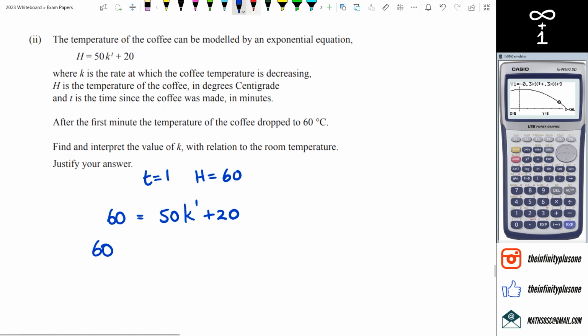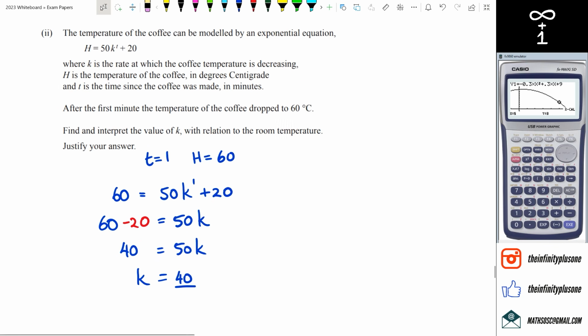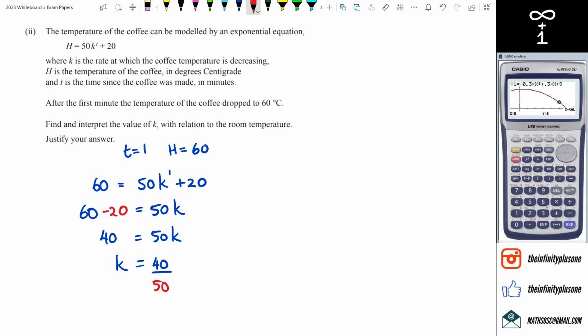So we've got 60 take away 20 equals 50 K to the power of 1, which is just K. So we've got 40 is equal to 50K, and then K is equal to 40 divided by 50, which gives us a K value of 0.8.